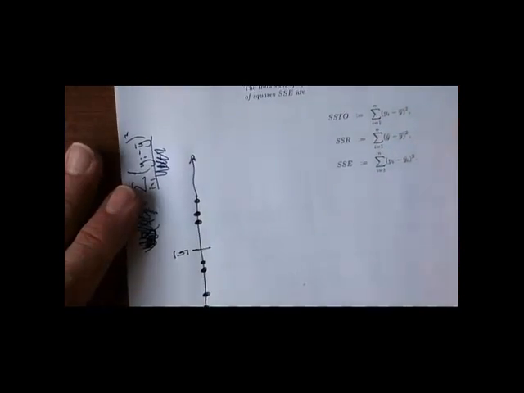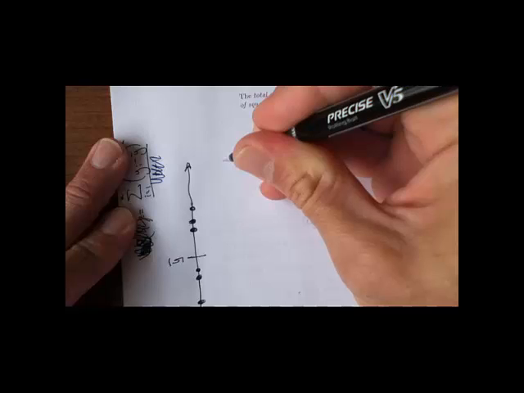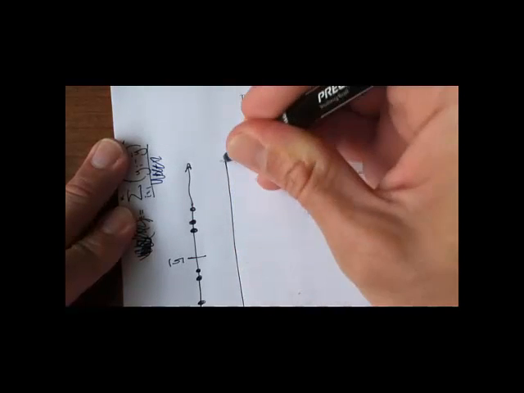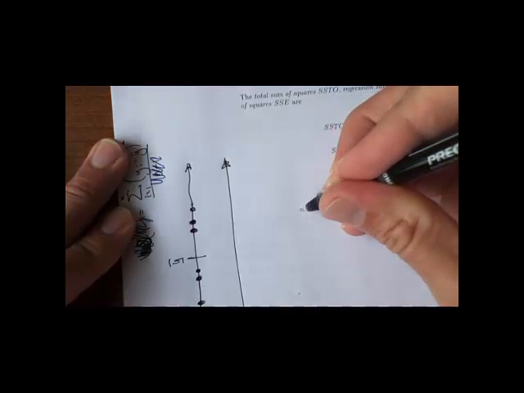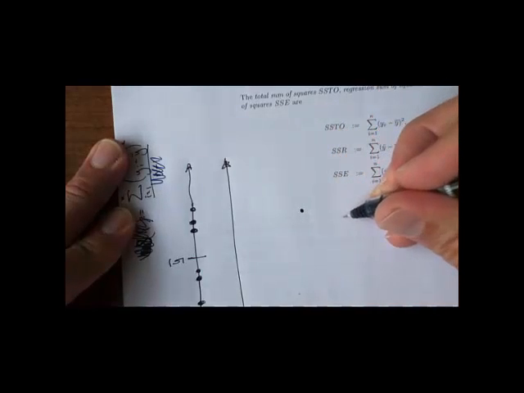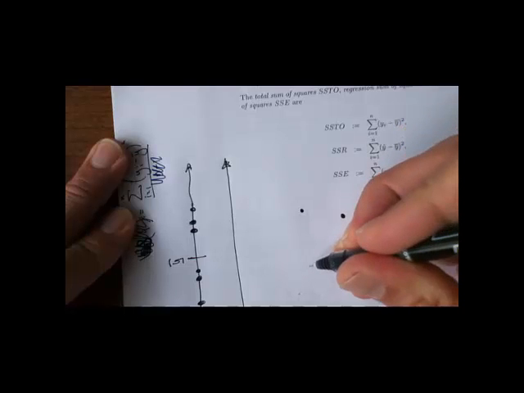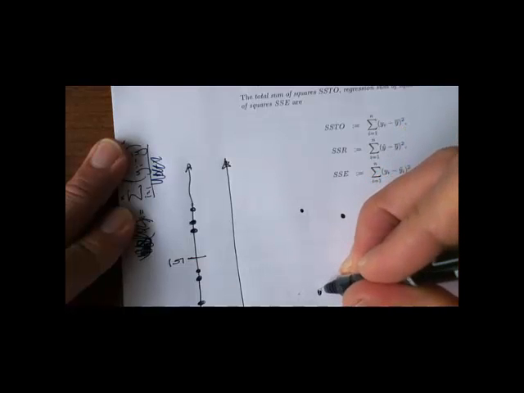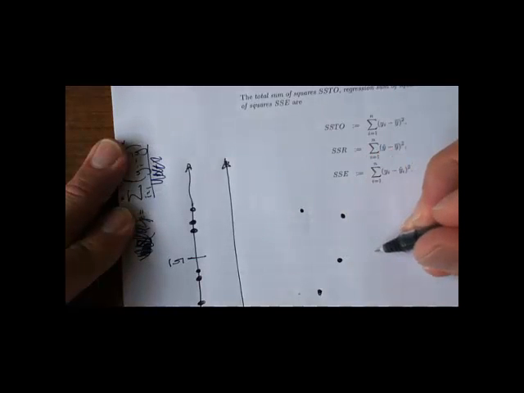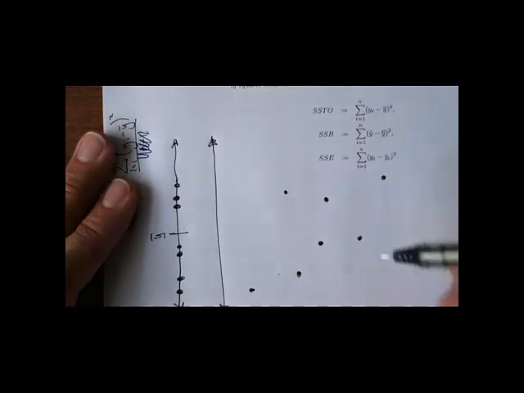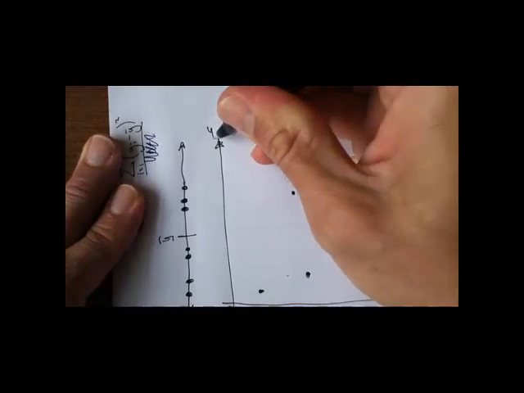Now let's take these data points here, and let's say we have something like this. Now maybe here's some other variable x. Here's y.